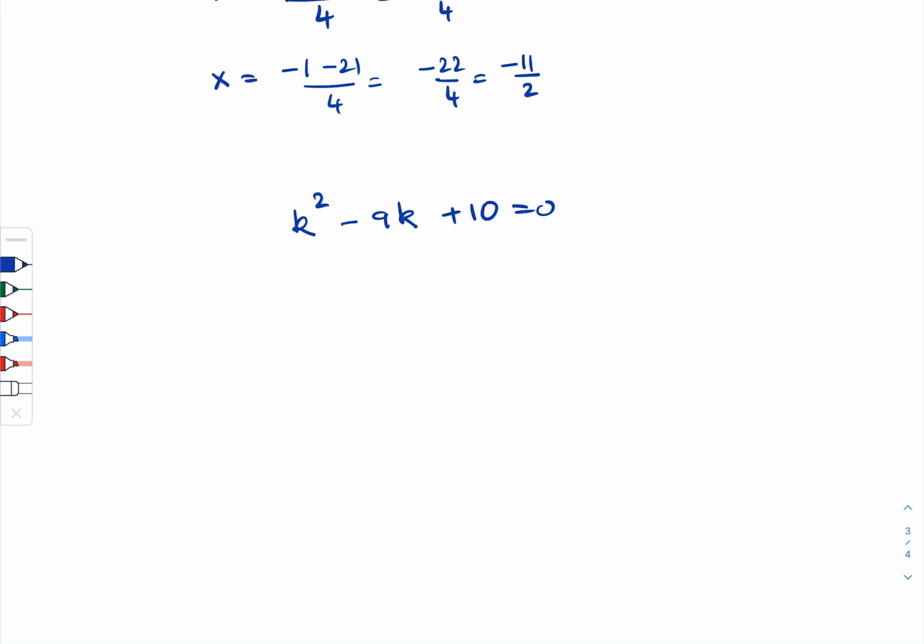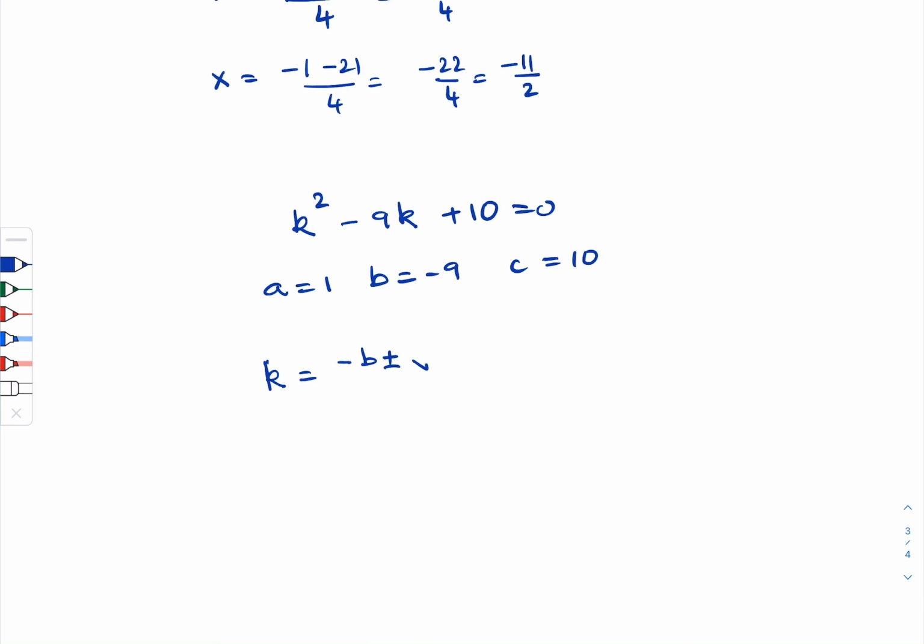All right, so my quadratic formula is, in this particular case, I'm solving for k, right? So k is, well, let's go ahead and find out what's my a, my b, and my c first. So a is 1, b is negative 9, c is 10. Okay, so if I'm solving for k, so k is equal to negative b. Oh, let me write the formula down first.